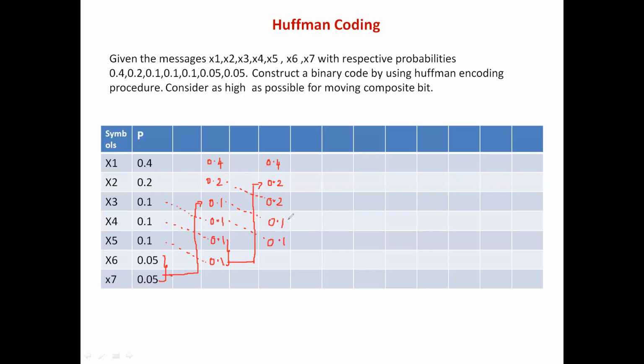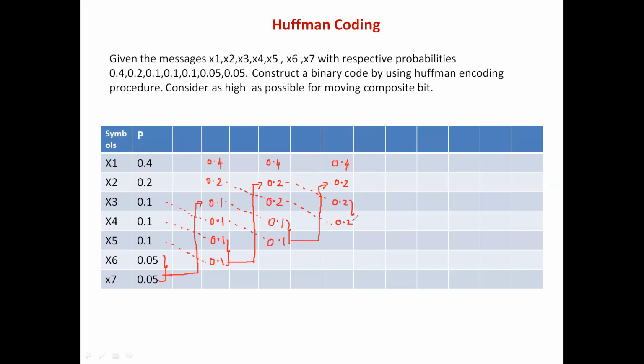Next, once again, I will add these two probabilities, 0.1 and 0.1. I'll get 0.2. As high as possible, I will place it here. This is 0.4, this is 0.2, and once again this 0.2 will be shifted here, and this 0.2 will be shifted here.